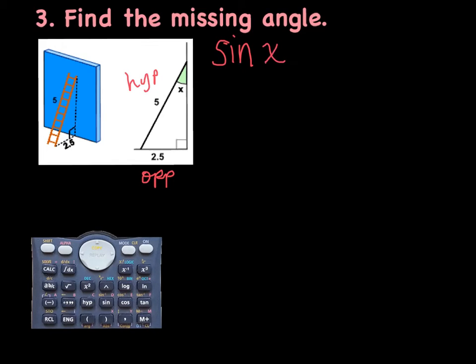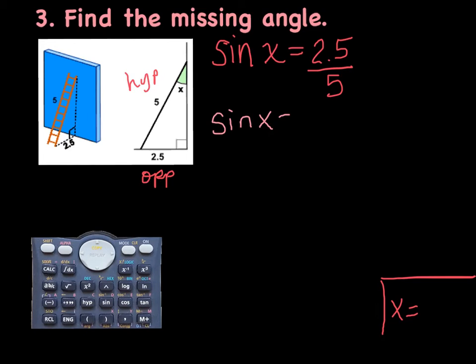So sine of X is going to equal opposite, which is 2.5, over hypotenuse, which is 5. So we're going to be solving for X. Next step, we need to divide 2.5 by 5, and that'll give us 0.5.